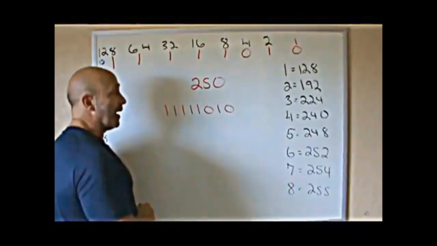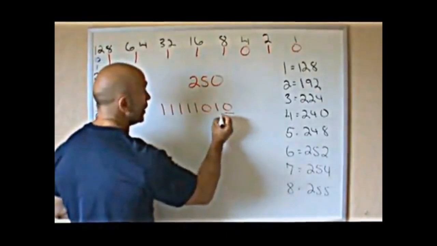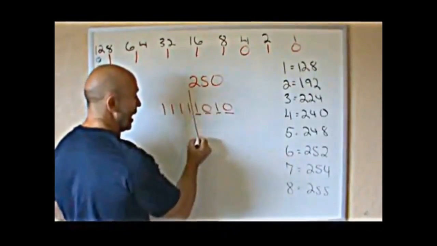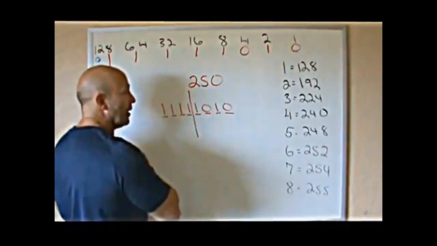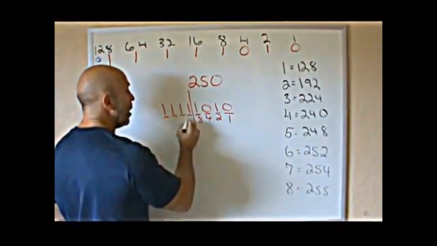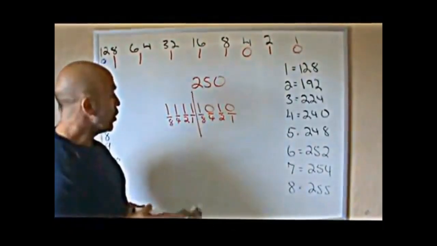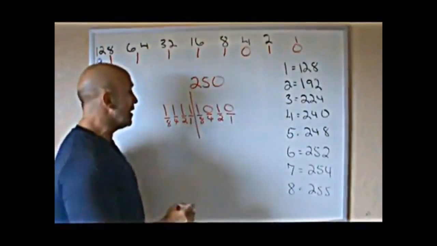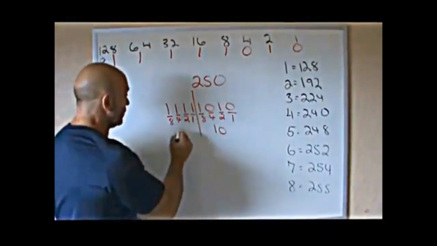That's the binary. Now, how do we go from there to the hex? We line it up in groups of 4. What are the bit values? 1, 2, 4, 8. So you add these two right here, 8 and 2 is 10, and all these equal 15.